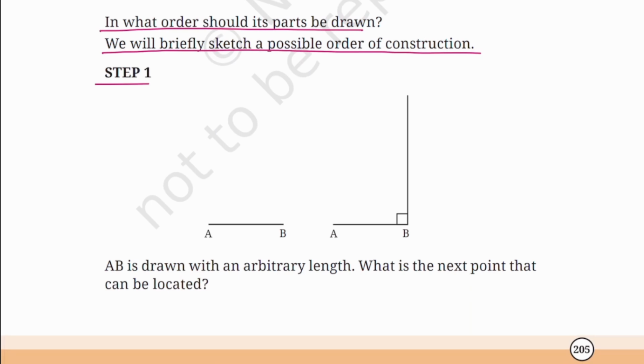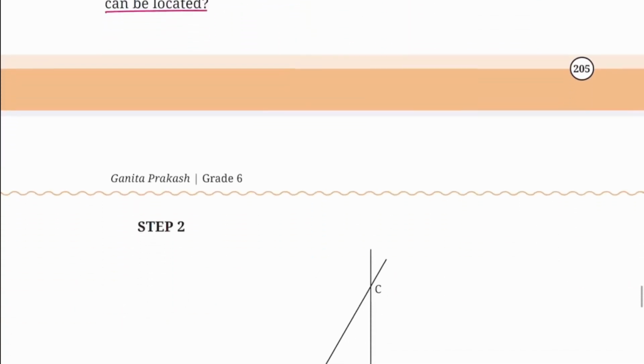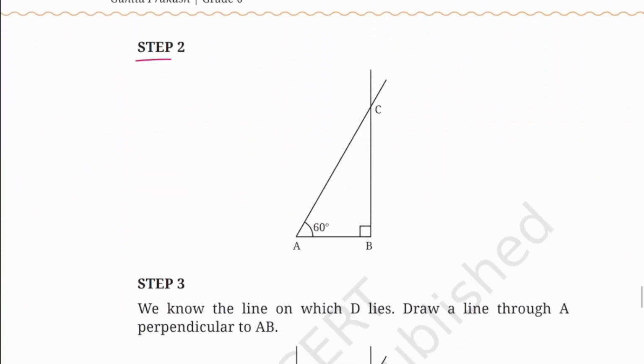Step 1. AB is drawn with an arbitrary length. What is the next point that can be located? After drawing AB, you have to draw a perpendicular at point B like this. Step 2.